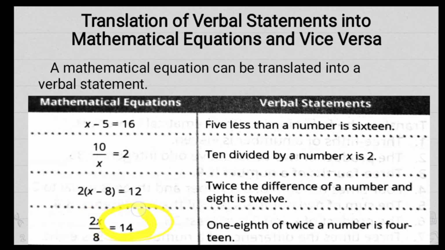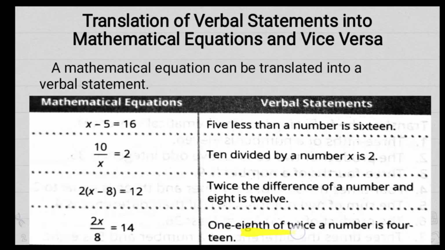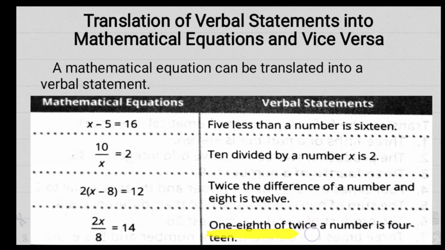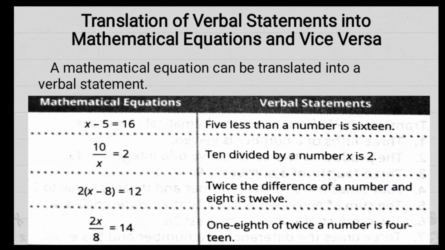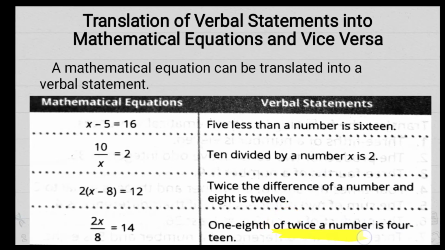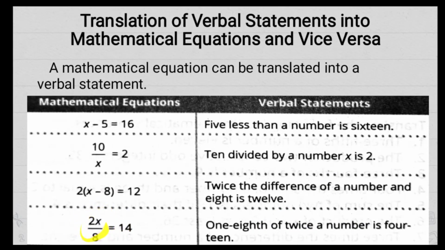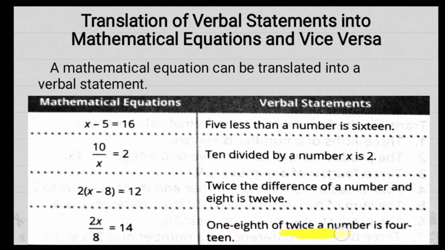When we translate it to a verbal statement, that is 1/8 of twice a number is 14. Meaning, 1/8 times twice a number is the same as 2x divided by 8. Why? Because when we multiply the numerator of 1/8 by twice a number, 1 times 2x, that is 2x.